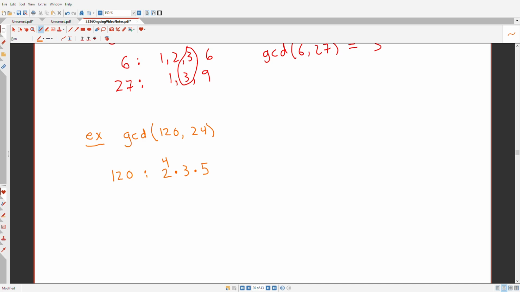I think that's right, though. Oh, because I'm terrible with arithmetic, let me just double check. So 2 to the 4th times 3 times 5. Oops, I got that. I'm sorry, I have too many 2's. See, it's a good thing I checked. That's not 2 to the 4th, that's 2 cubed. Okay, let's break down 24 into its prime divisors, and that's going to be a 2 cubed times a 3.